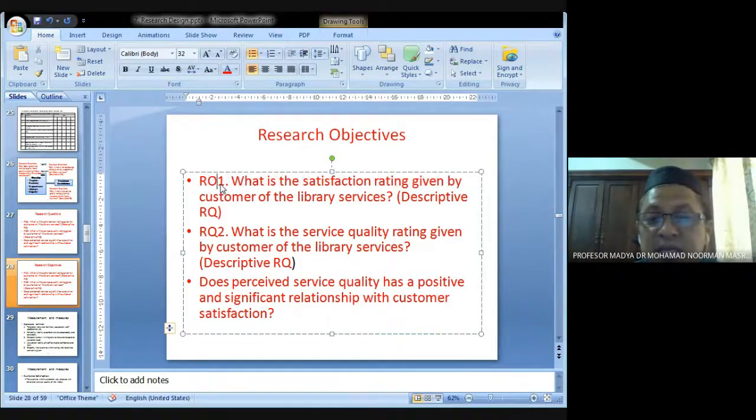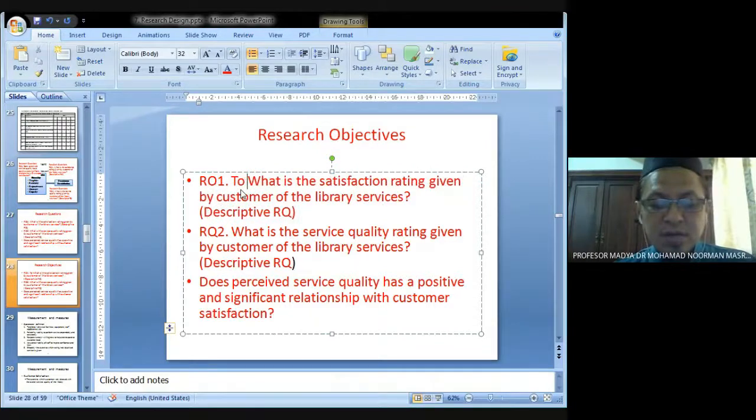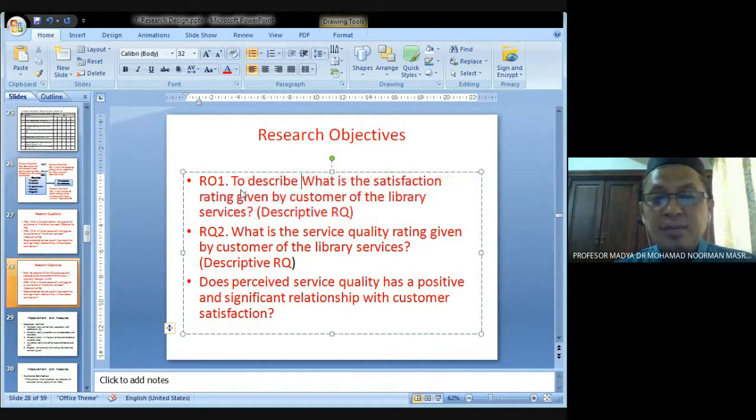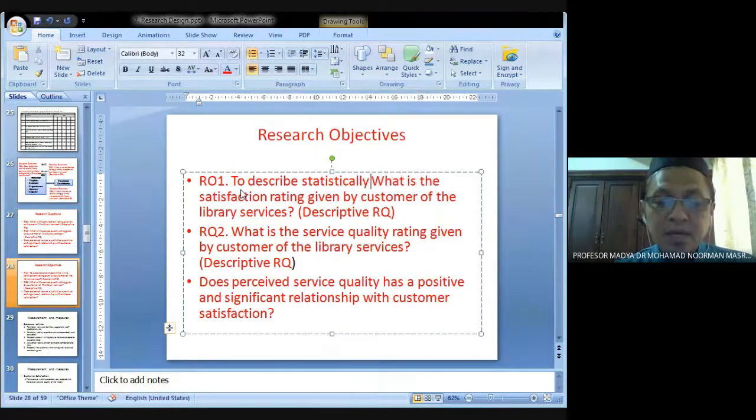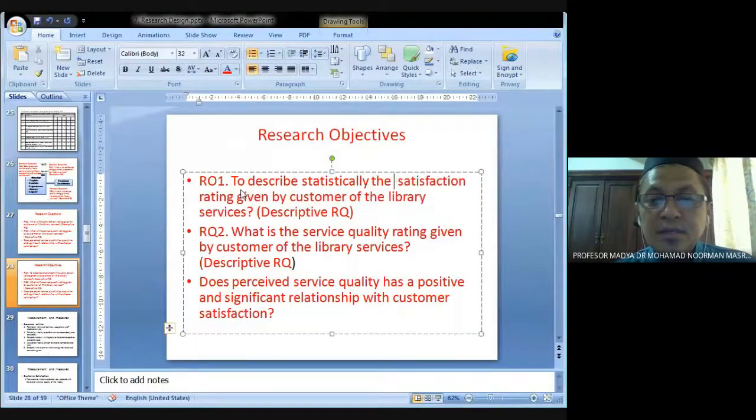What is the satisfaction rating given by customer of the library services? So this one, you can use the words to describe statistically. To describe, because remember, this is descriptive statistics. So to describe statistically the satisfaction rating given by customer of the library services.